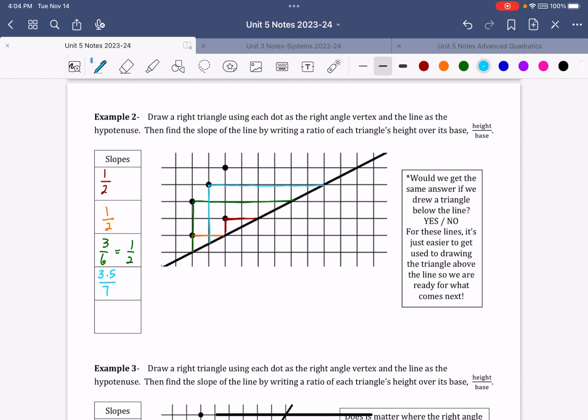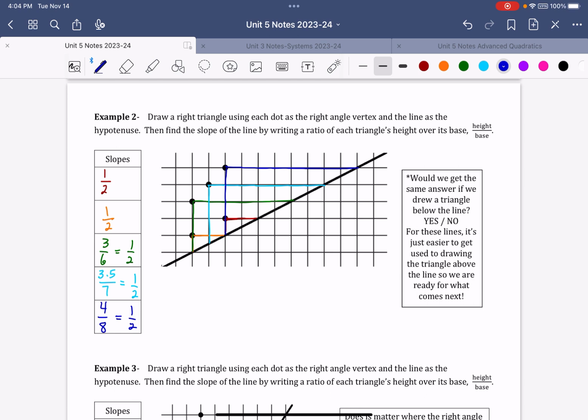Well, 3 and a half is half of 7, so that also is 1/2. Usually we would do it to a whole number. That wasn't the best line to choose from. Next one, 1, 2, 3, 4, and 1, 2, 3, 4, 5, 6, 7, 8. So 4 over 8 is 1/2.